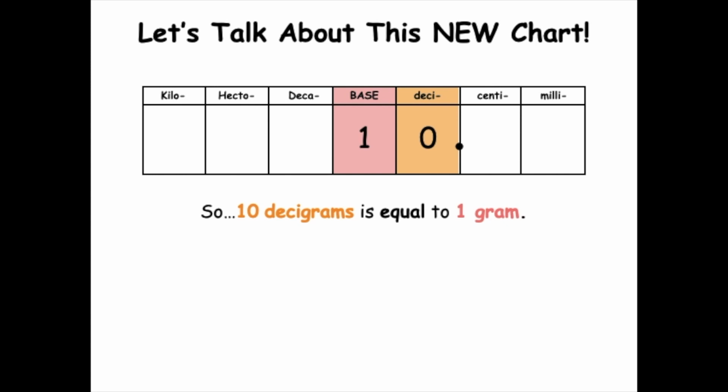Right now, I just wanted to give you a small dip-your-toes-in-the-water type situation so that you weren't completely overwhelmed, because it is something we're not used to, because we don't use this in our everyday lives. So I wanted to slow it down for you so that we were all on the same page. In conclusion, we ended up with 10 decigrams being equal to 1 gram just by moving the decimal over to the right.